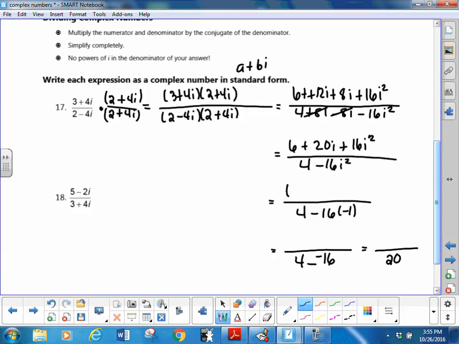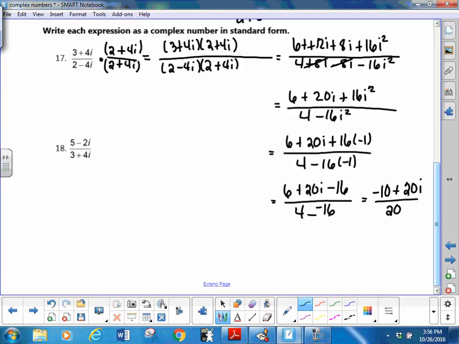Then I'm going to replace I squared with negative 1. So that gives me 6 plus 20I minus 16, because I have a plus and a minus. That's going to still be a negative. And I want to put the real part first, so that gives me negative 10 plus 20I, because 6 minus 16 is negative 10.